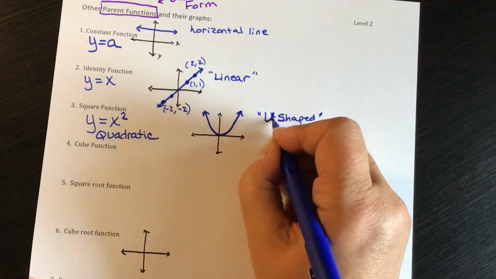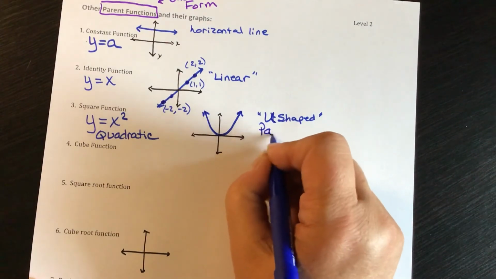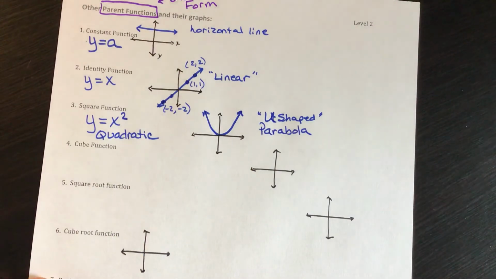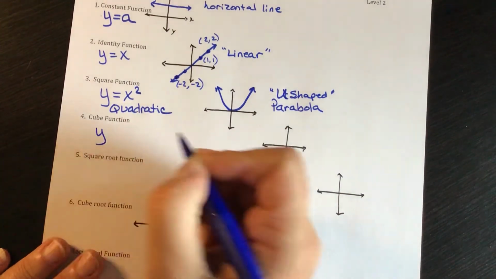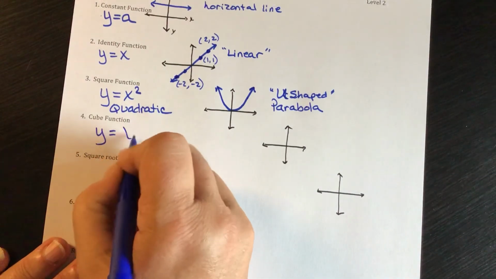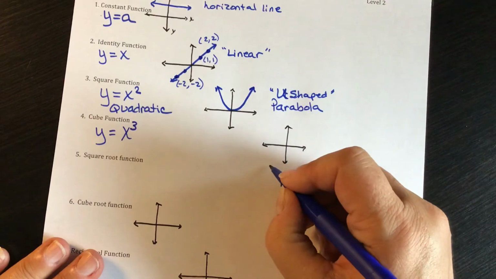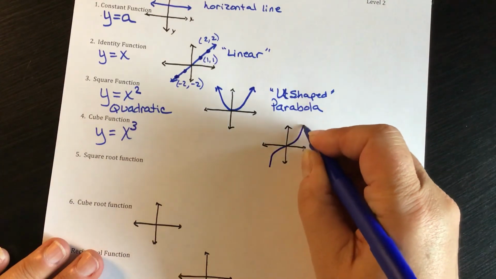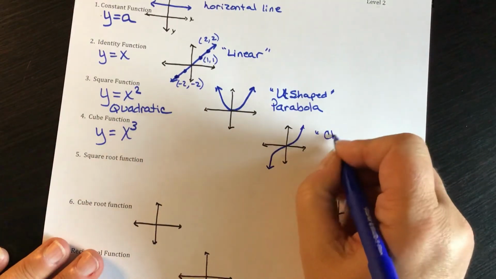That's U. Okay, and we call that a parabola. A cubic function is where we have x to the third power, and this function looks a little bit like this, and sometimes we call this a chair function.